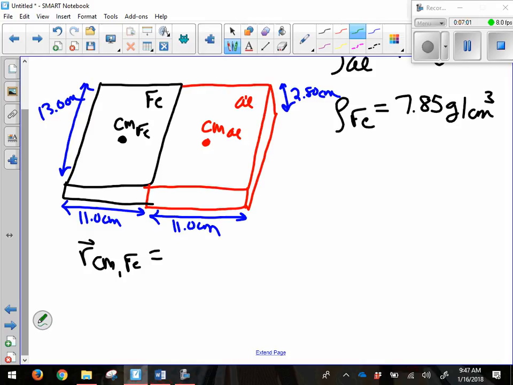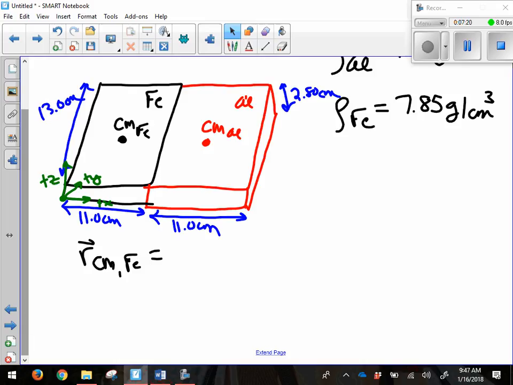Axes. Okay? So I'm going to let my origin be down here in this bottom corner. So that's going to be plus x. Plus y goes back that way. And plus z goes up.